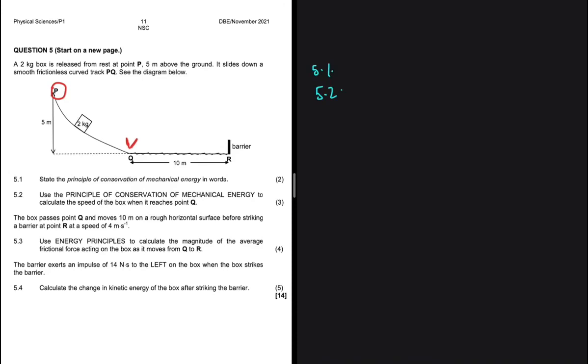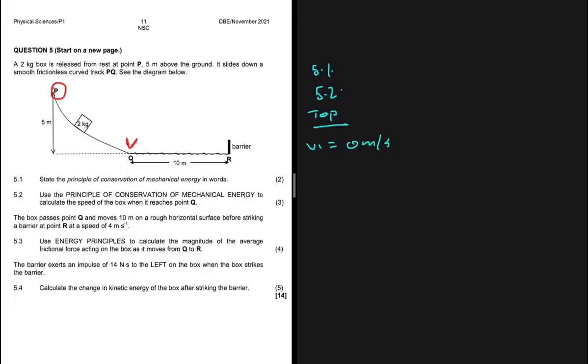So let's jot down the information we have so that we can use the principle of conservation of mechanical energy to determine our answer. This is at the top, when our box is at point P. At point P, we know that Vi is equal to 0 meters per second because it's been released from rest.